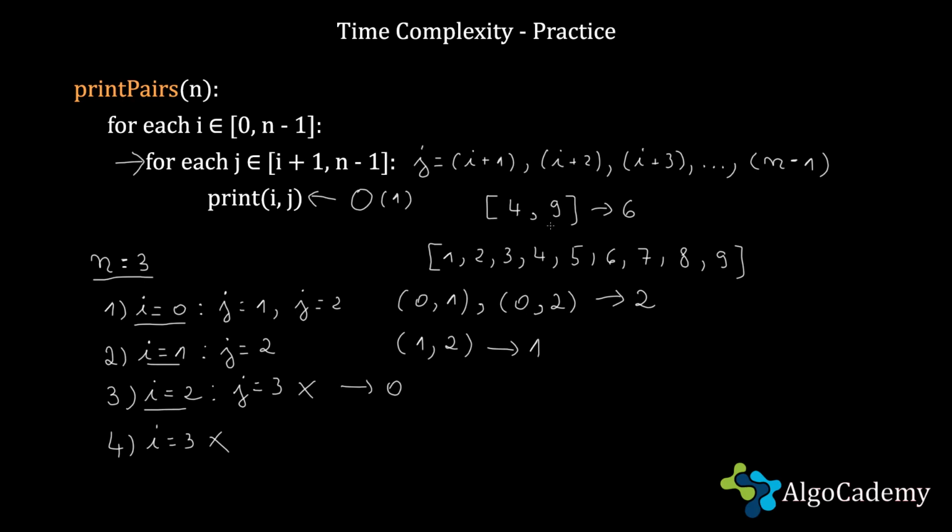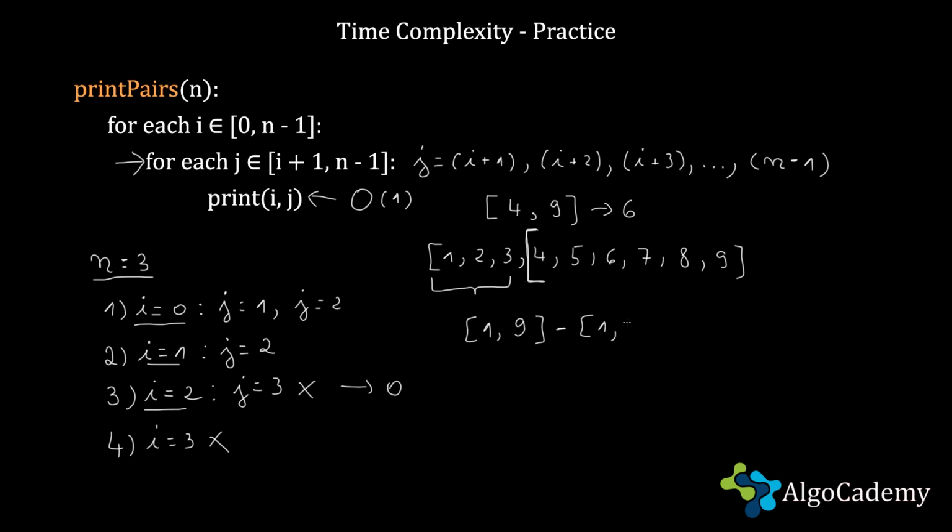But I only need the range 4 to 9, so I only need to start here. From the range 1 to 9, I basically get rid of the first 3 elements, so of the range 1 to 3. And this is exactly how I get my range 4 to 9.